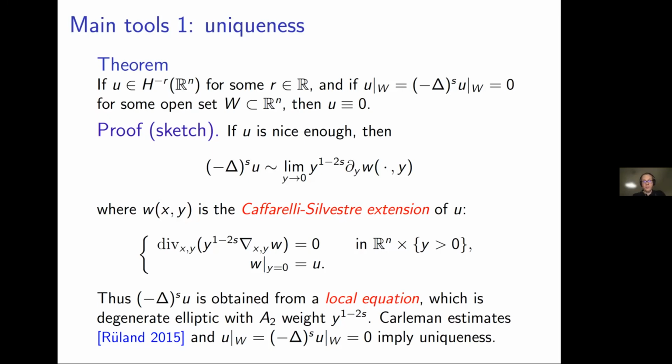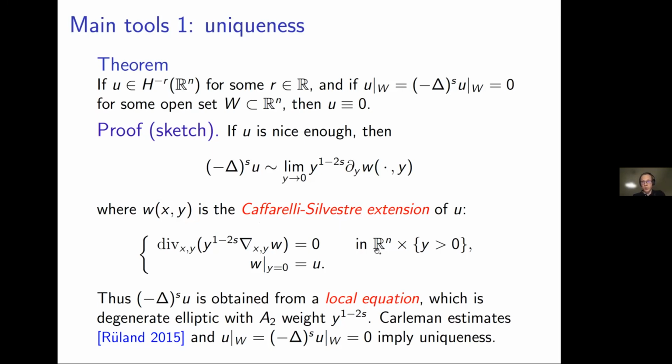And the idea is that this fractional Laplacian of u can be understood as some kind of Neumann data for a function w which lives in the upper half space. This w is called the Caffarelli-Silvestre extension of u, and it solves the following problem.